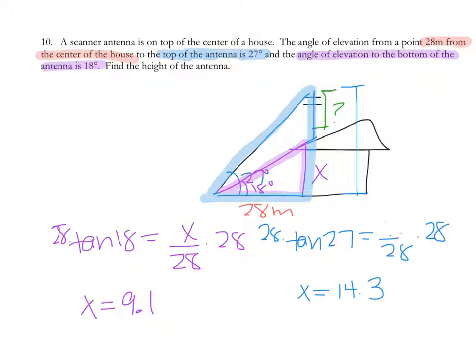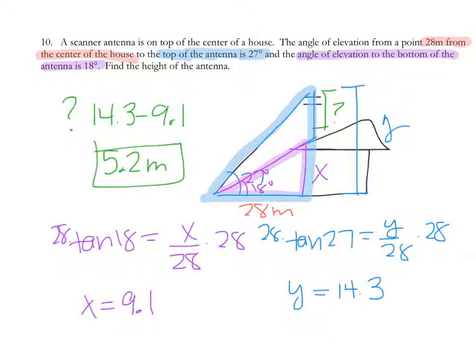Maybe we should have called that y. Sorry. I'll call that y. And then to find the question mark, we just need to subtract those two numbers. So it's going to be 14.3 minus 9.1, which is where I got an answer of 5.2 meters.